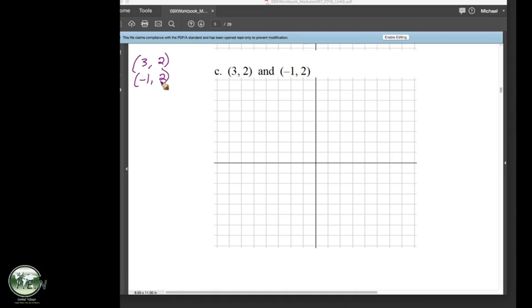Give it a try. We'll draw the picture and we'll see what happens. If you want to use the formula, that's fine too.